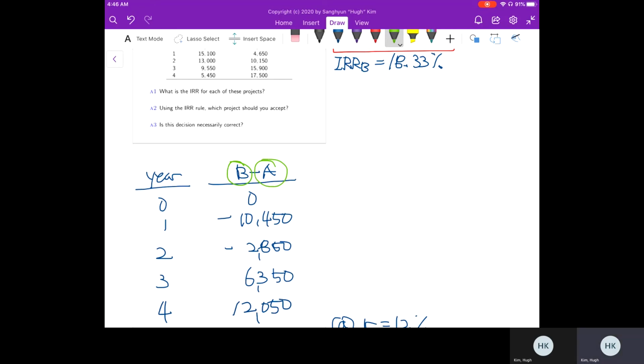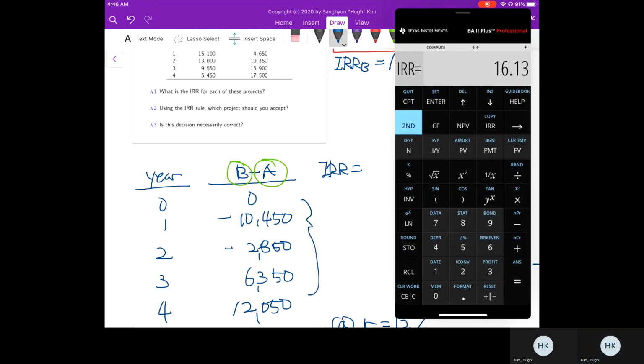Then we can compute the IRR for these cash flows. We'll do CF, clear work, and CF0 is 0.